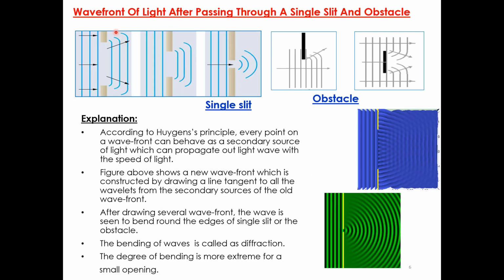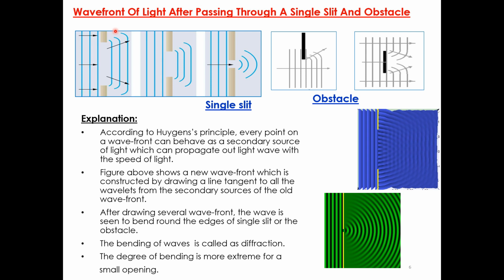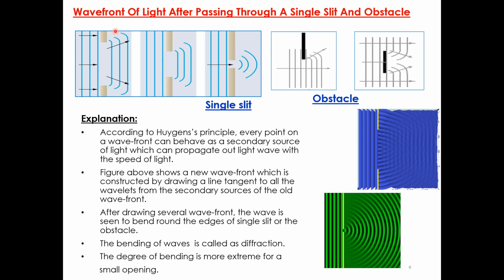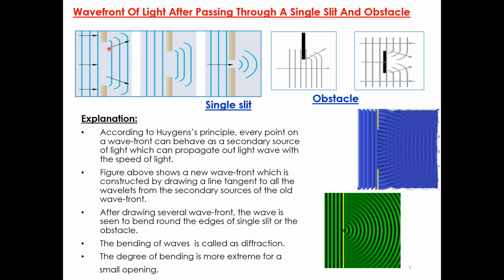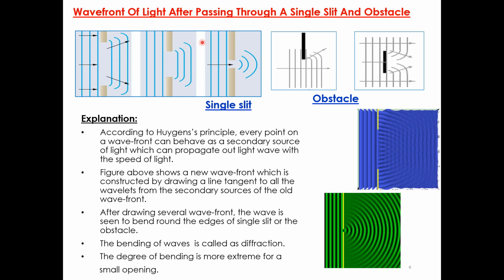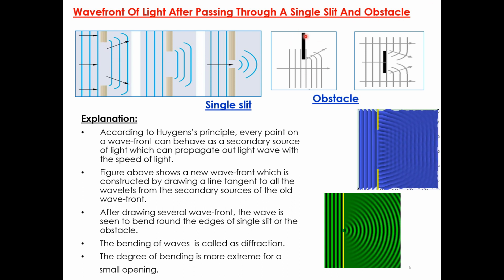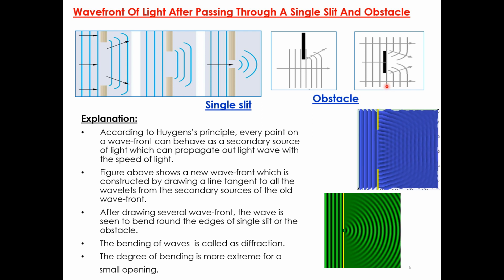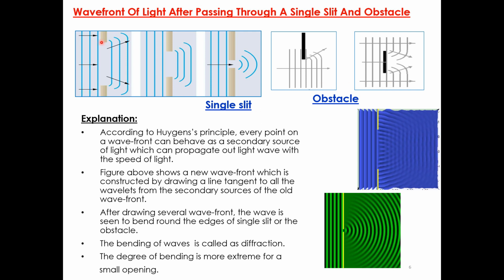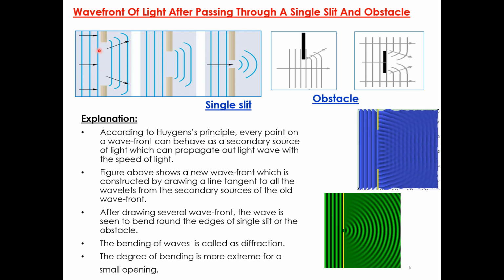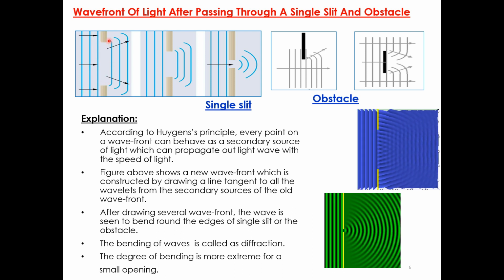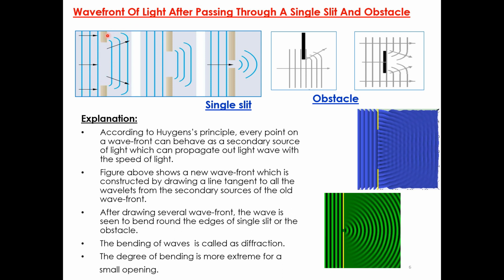Next, how to sketch the wavefront of light after passing through a single slit and an obstacle. What we can see after a wave passes through an obstacle is that the end of the wave is bent.